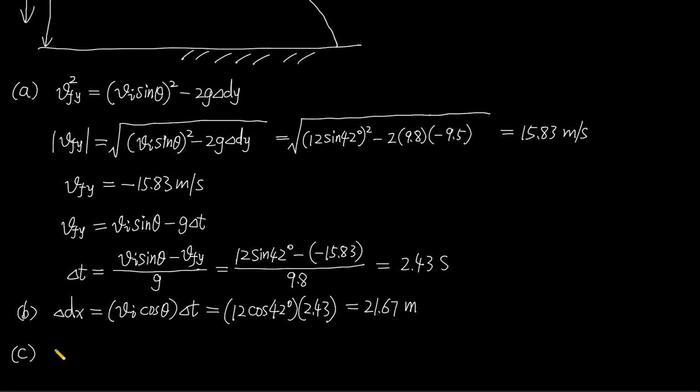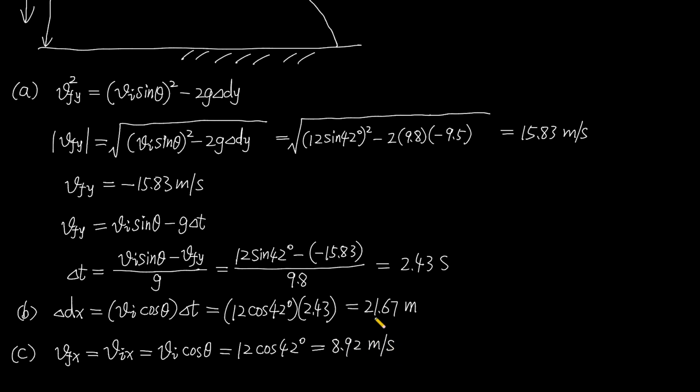We know the final horizontal velocity equals the initial horizontal velocity, which equals the initial velocity multiplied by cosine theta. So this equals 12 multiplied by cosine 42 degrees, which equals 8.92 meters per second.